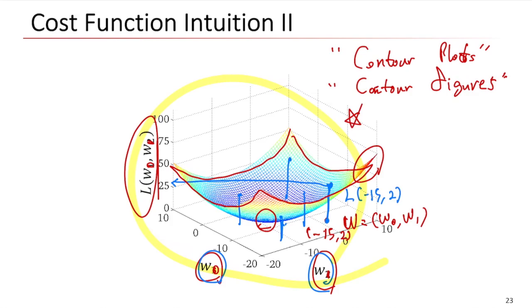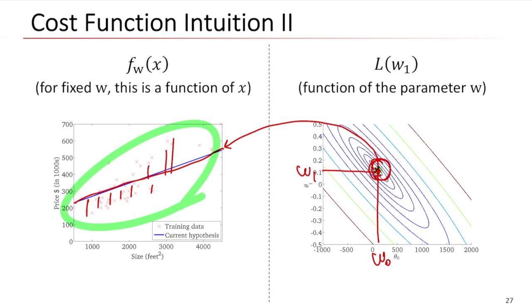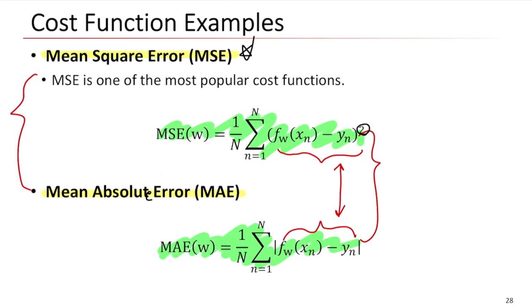When we consider W0 and W1 as parameters, we can draw this kind of surface in 3D space, and because it is hard to draw every time, we use the contour plot. It looks like this, right? As you can see here, this point means the minimum among the possible cost values.